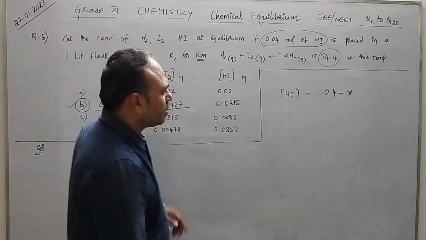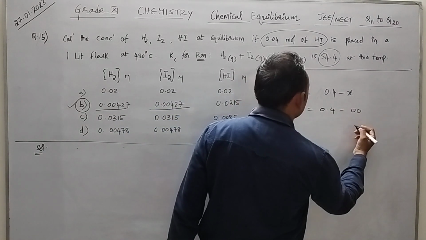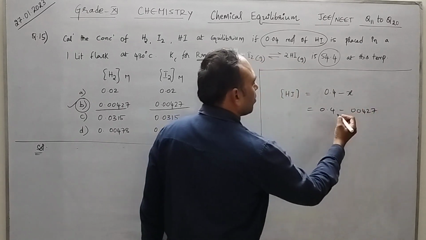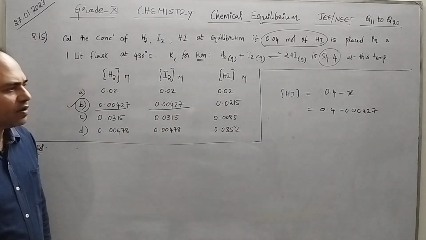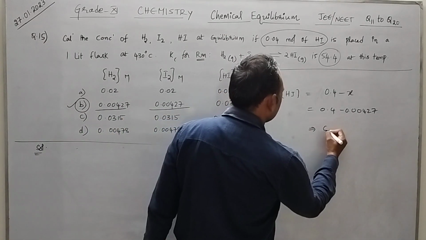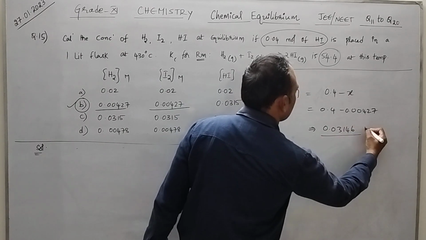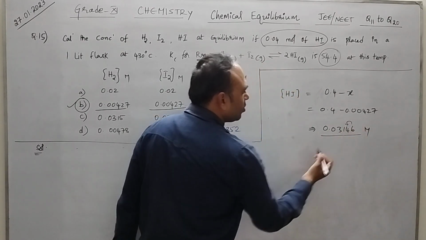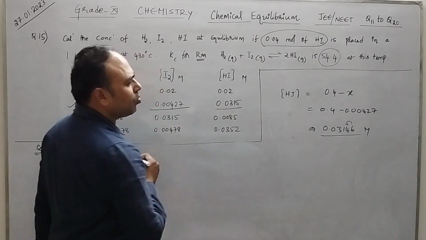Now what is X? 0.04 minus 0.00427. So you can solve this, and you will get the answer as 0.03146 molar, you can change it into 0.0315 molar. Hope you have understood this.